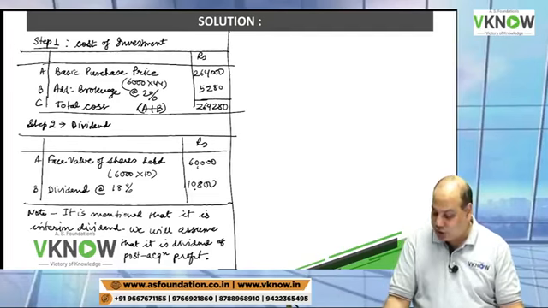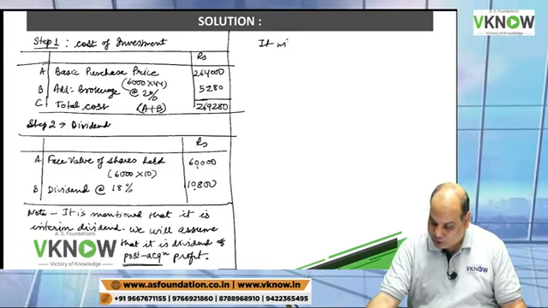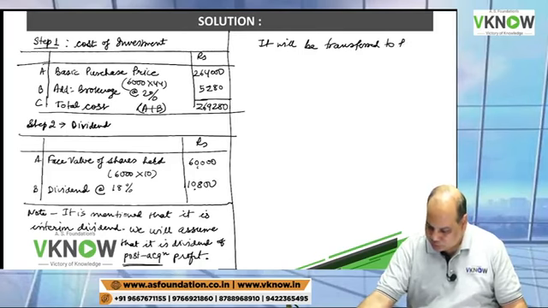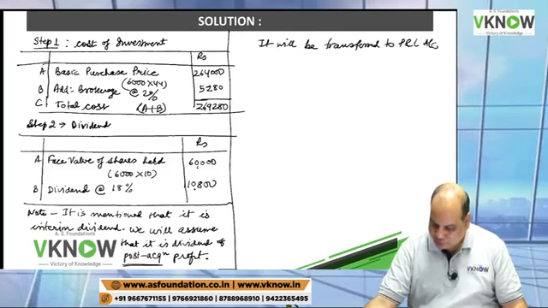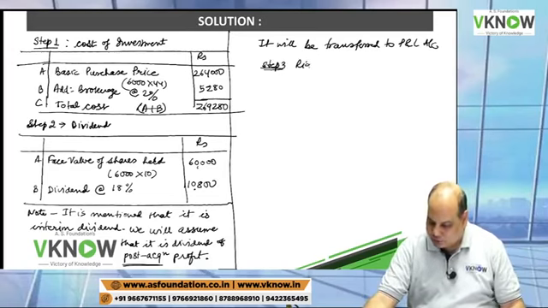So this is treated as post acquisition, and if it is treated as post acquisition, it will be transferred to P&L account. Now write down step number 3. Write entitlements.